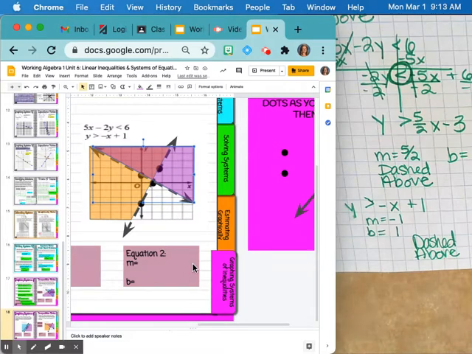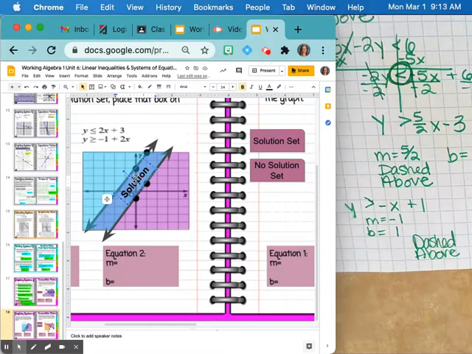And type the solution set where they intersect. I'm just going to grab this and drag it over here.